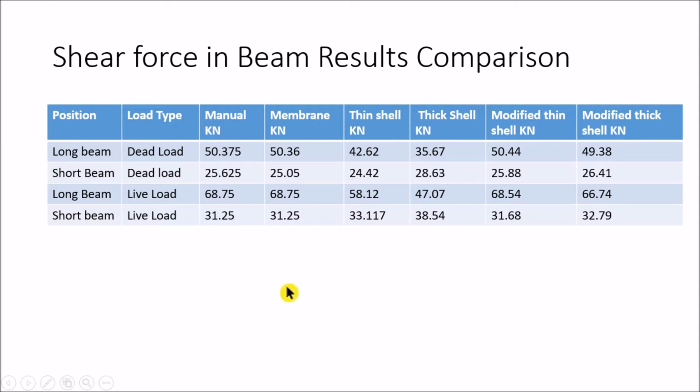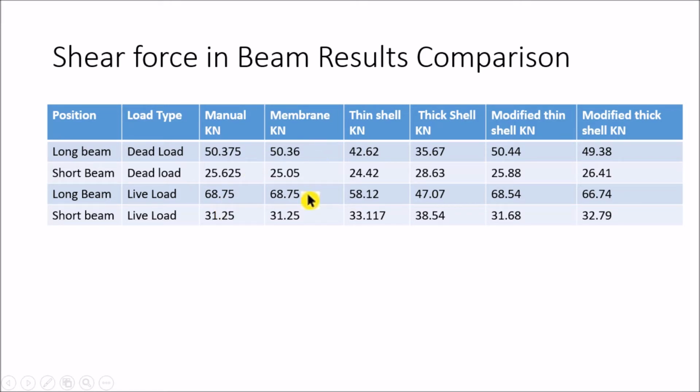Now this is the table which I have prepared, in which I have included the position of the beam, whether it is a long beam or short beam, and dead load type or live load type, what we have applied on the beam. We have already done the manual calculation for the shear force of the beam in long and short direction.